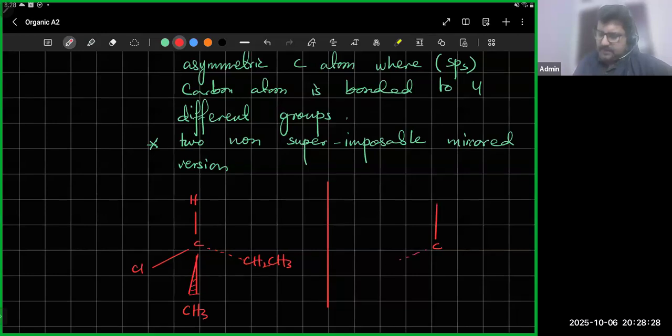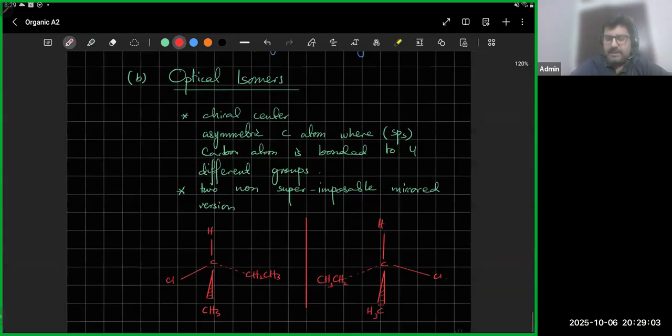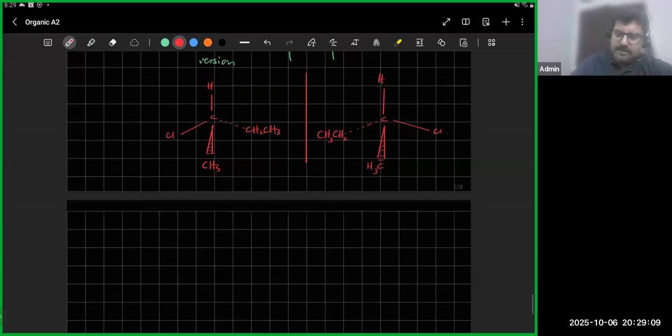The dot would be on this side. So you've got H, and you've got Cl on this side. Let's mirror this as well. I'm going to make everything mirrored. So this is called an optical isomer.